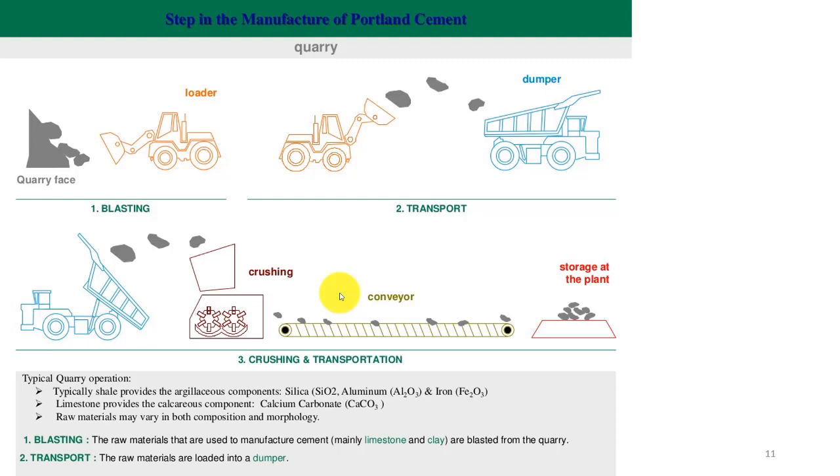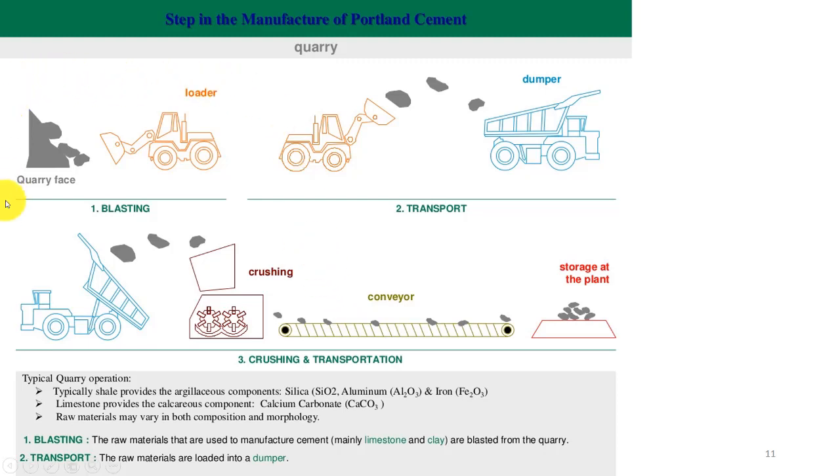As I have discussed earlier in a previous video about the chemicals and different geological materials involved in manufacturing of cement, lime, calcareous and argillaceous rocks are used in manufacturing of cement as prime constituents. So quarrying of the lime and argillaceous materials is carried out in the first stage.